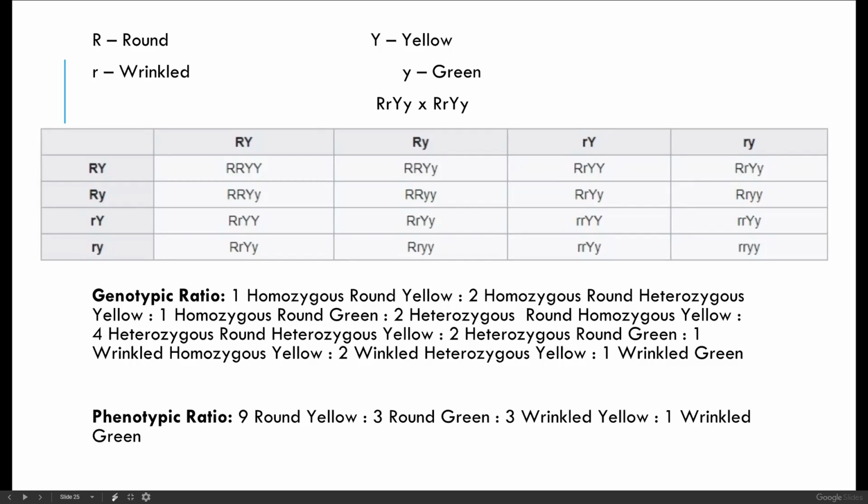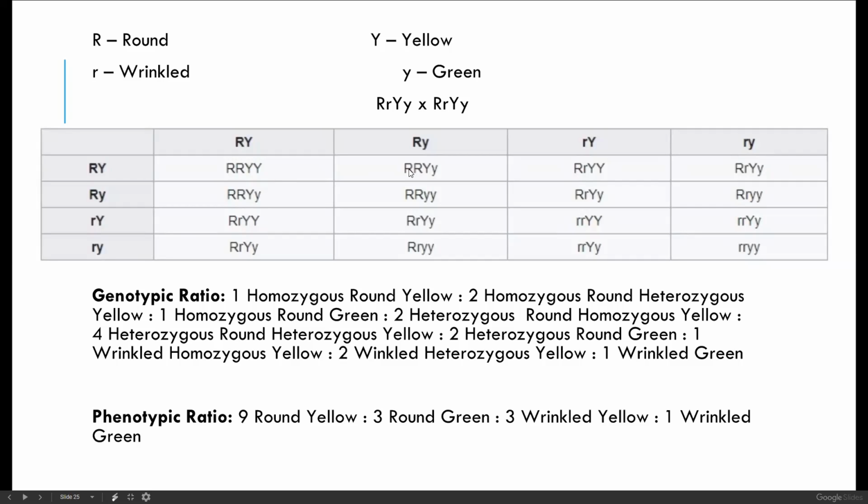The results are one homozygous, this is homozygous, right? All capital letters. Yes. Homozygous round and homozygous yellow. Again, one homozygous round, homozygous yellow.